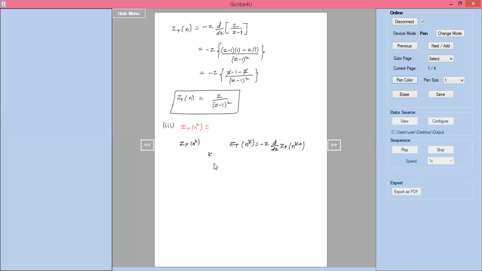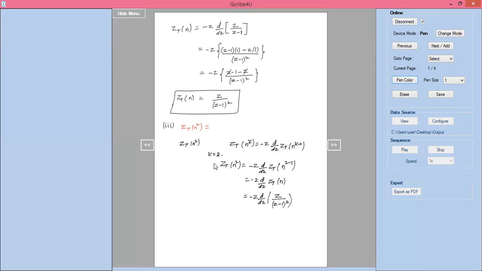Now k equal to 2, so Z transform of n square equal to minus Z into d by dz of Z transform of n power 2 minus 1. That equals minus Z into d by dz of Z transform of n, and Z transform of n is Z divided by Z minus 1 whole square.